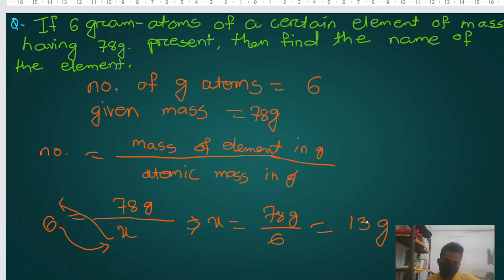So it's your task to find which element has the atomic mass 13. I think it may be carbon-13, because carbon-13 is an isotope of carbon whose atomic mass is 13. I think you understood very well.